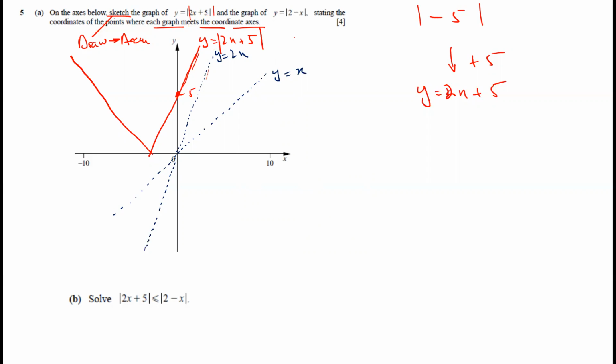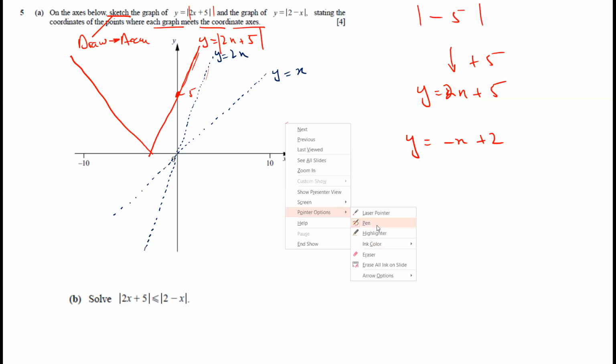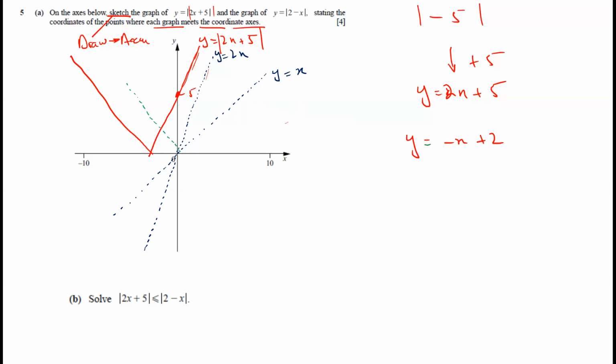Now y equals absolute 2 minus x. So y equals minus x plus 2. We can write this as minus x plus 2. Now let's use another color. Now y equals minus x would be like this. This line is y equals minus x.